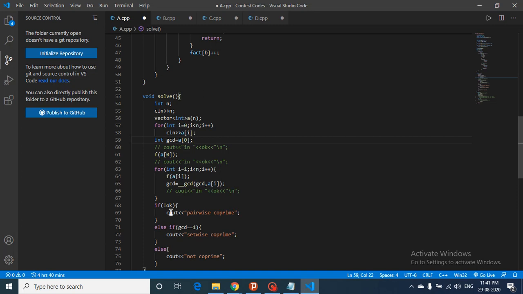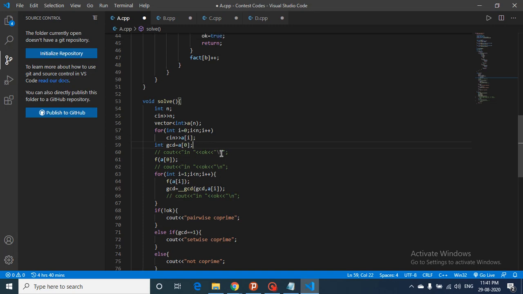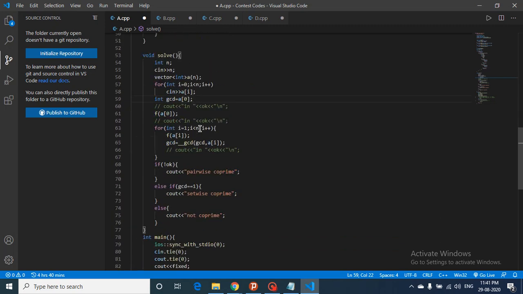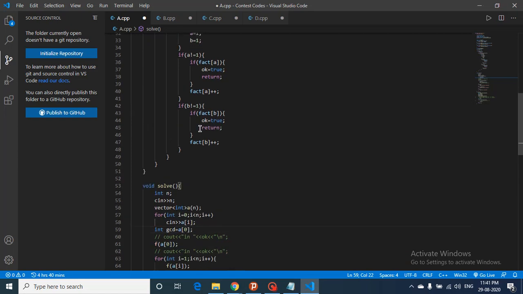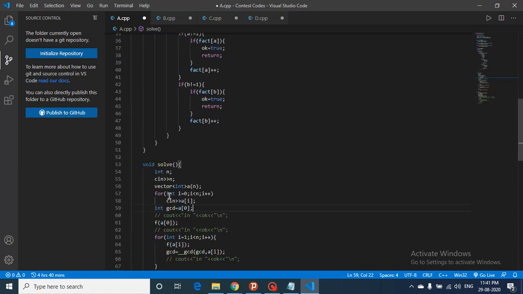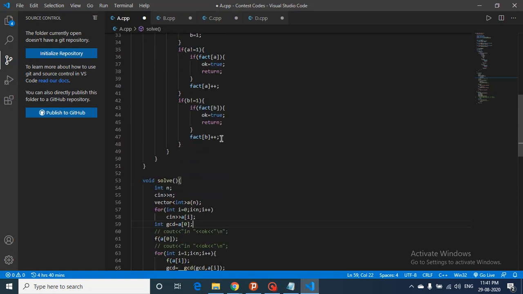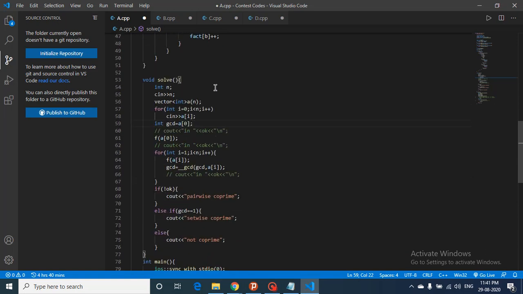And then in the answer I will check OK, which is one boolean variable which is false initially, okay, and if we find out that all the numbers are not pairwise coprime, then I will update this OK. I will tell you more about this in the above code.